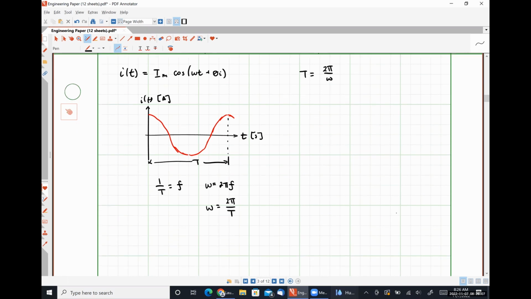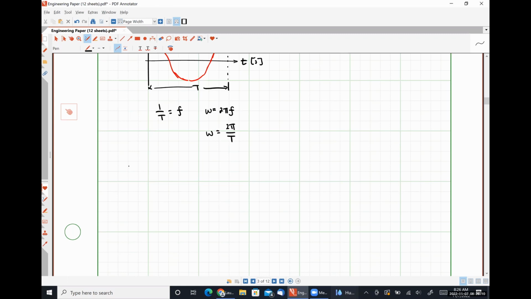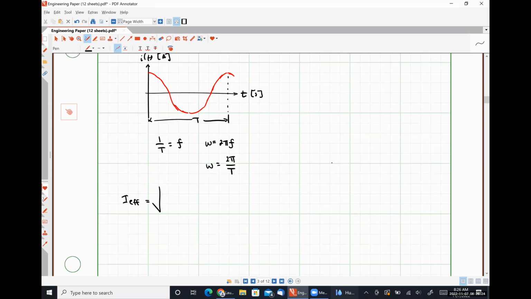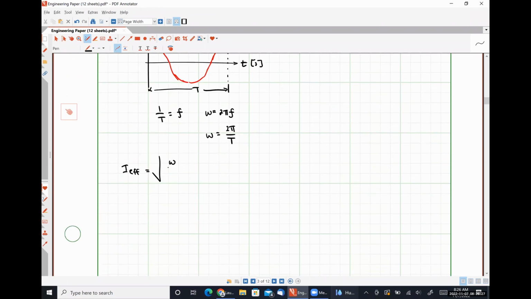All right, so now we're going to find the effective value. So I effective is going to be the square root of 1 over the period. So that is going to be omega over 2 pi. That's 1 over T times the integral from 0 to 2 pi over omega of our current waveform squared.